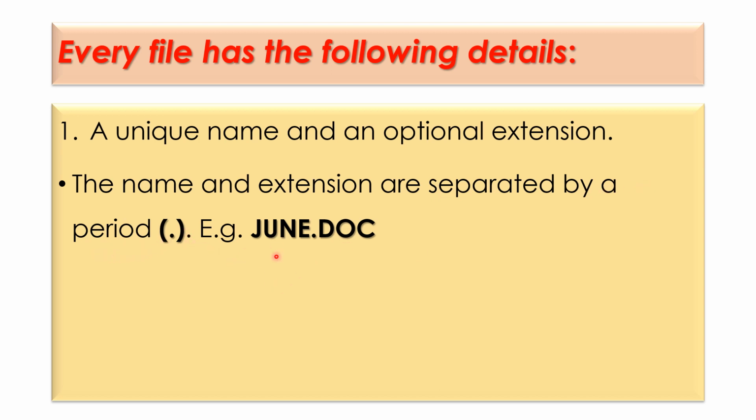For example, if the name is June, then you find June.doc. So that is the file name, and .doc is an extension.